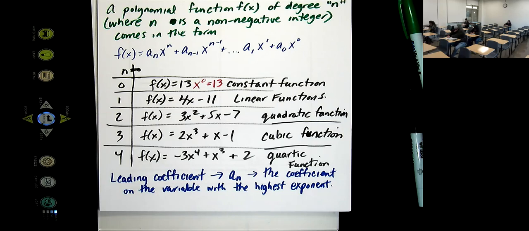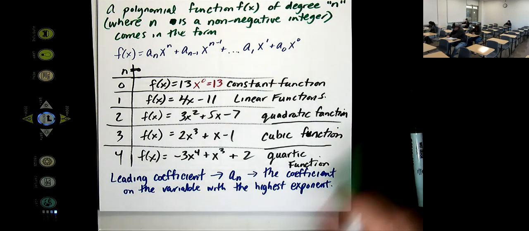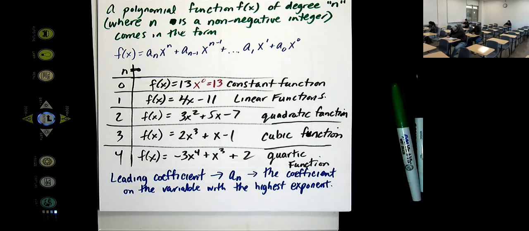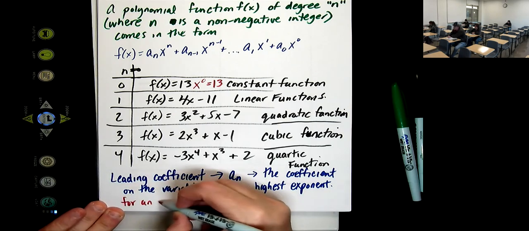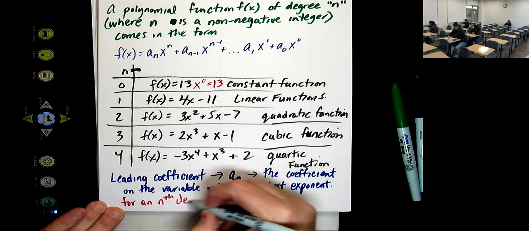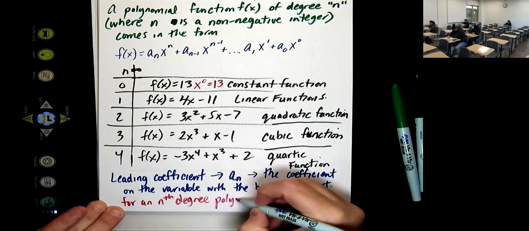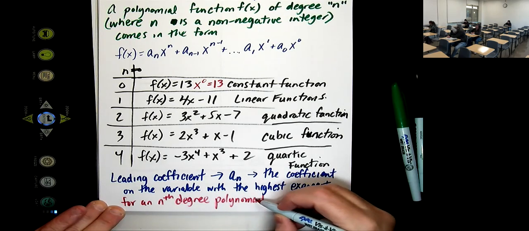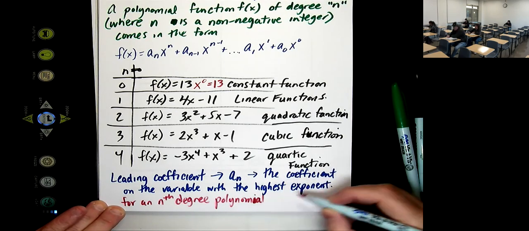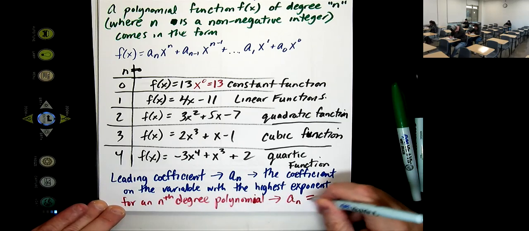And the only requirements on the a sub things is the following. For an nth degree polynomial, the only thing that can't be weird, I cannot have a sub n equals 0.